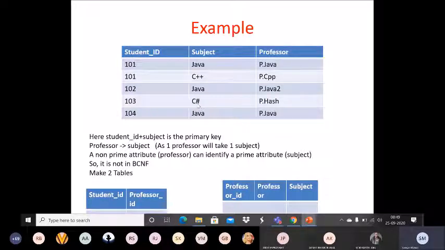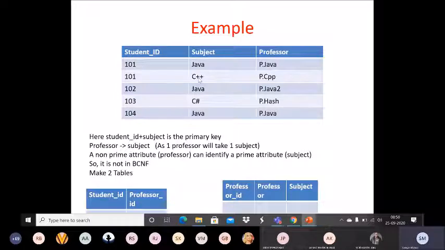Professor Hash will only take C hash. In this table, student ID and subject is your primary key. Why? Because with only student ID, you can't uniquely identify a whole tuple, because 101 can take 2 subjects.